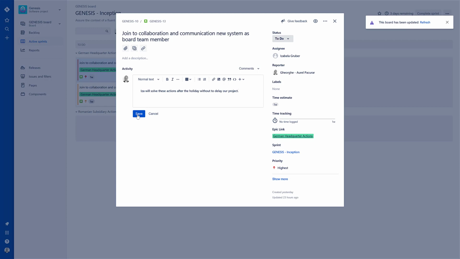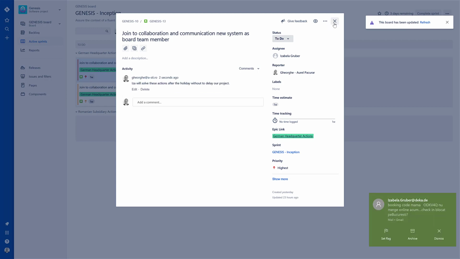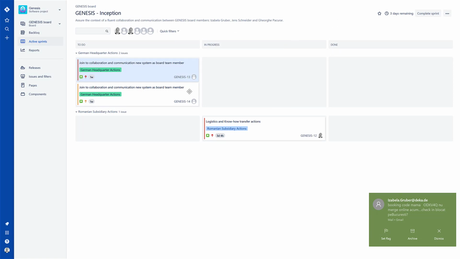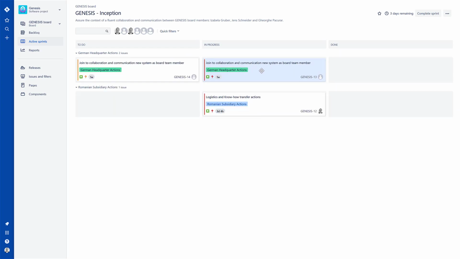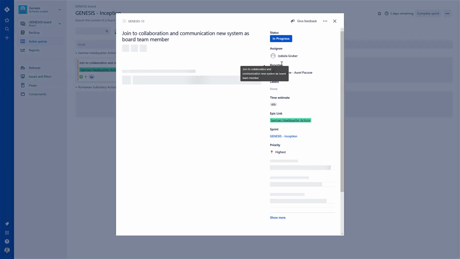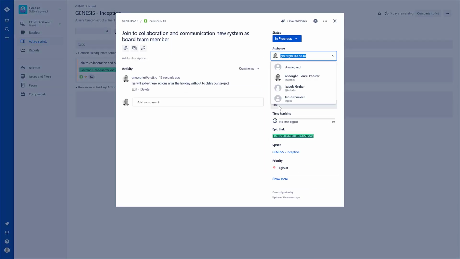So mainly, we can simulate that Isa started her work. Then, of course, we have to compute the time, this 1 week. We have to log it.